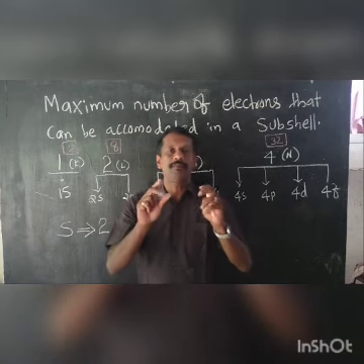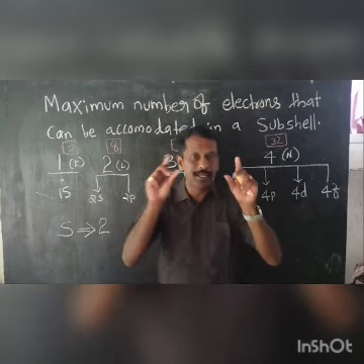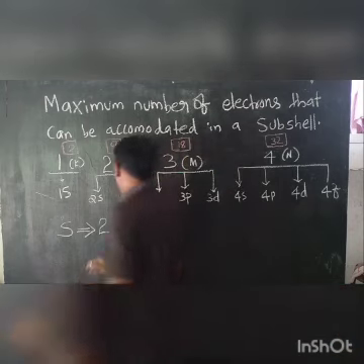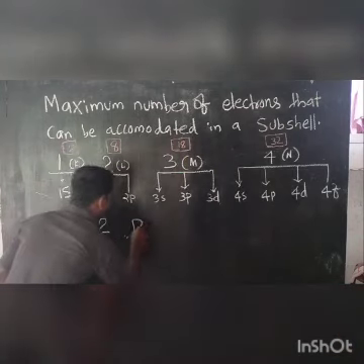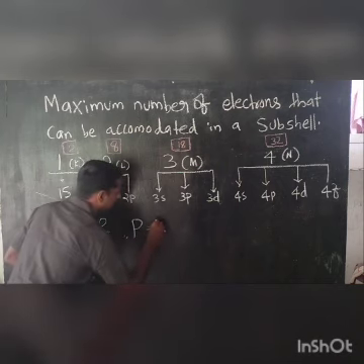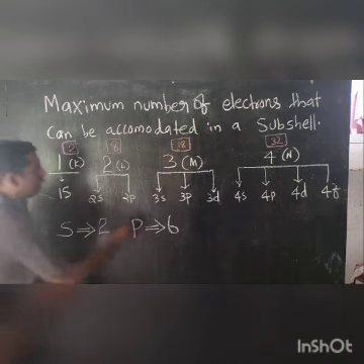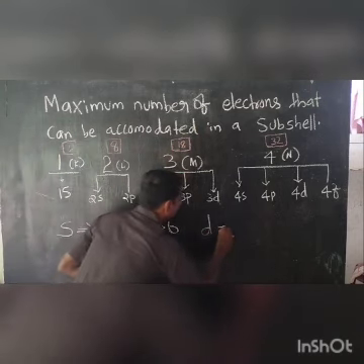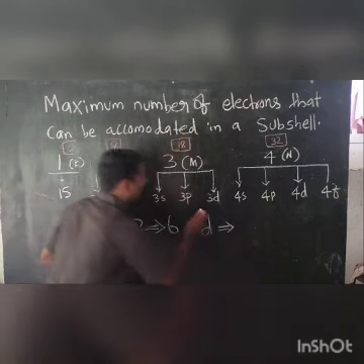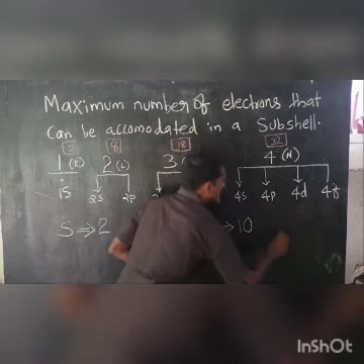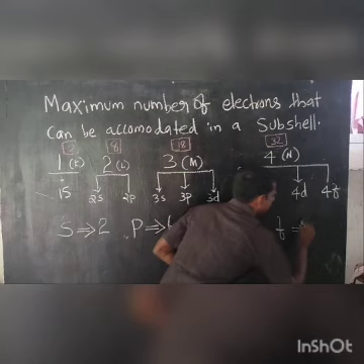The maximum number of electrons that can be entered in an S subshell is 2, and in a P subshell it is 6. And in a D subshell, the maximum number of electrons that can be accommodated is 10, and in an F subshell it is 14.